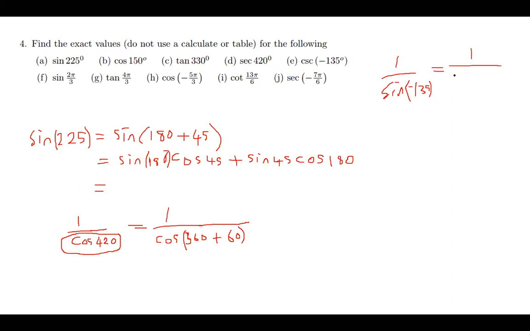So this is 1 over sine, and I'm going to get 45 minus 180. When I subtract these two special angles, I get my final answer to be negative 135. Then you use the compound angle formulas.